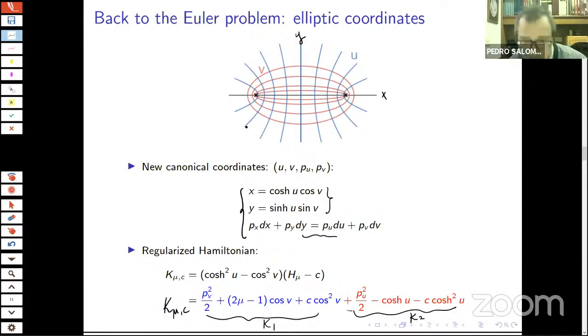I didn't mention in the beginning, but we have the primaries here, -1 and 1, and some of the trajectories collide. So when they collide, the flow is not a complete flow, so it collides in finite time. So when you change coordinates, you don't see these collisions anymore. So it's a regularization of the collisions.